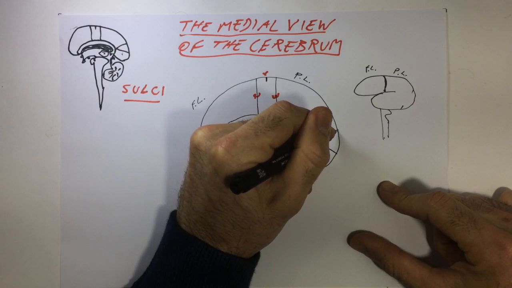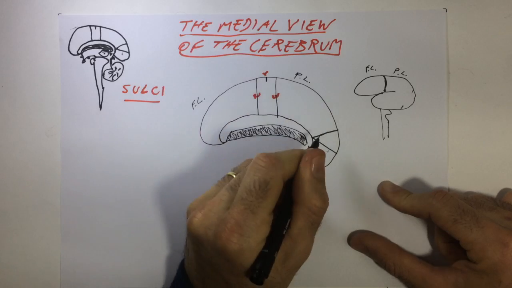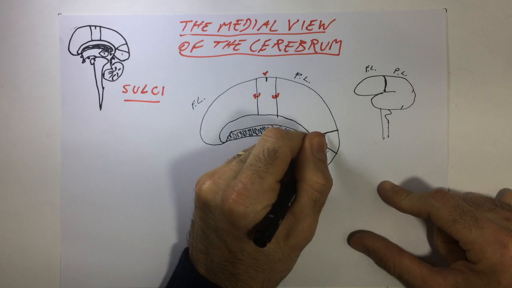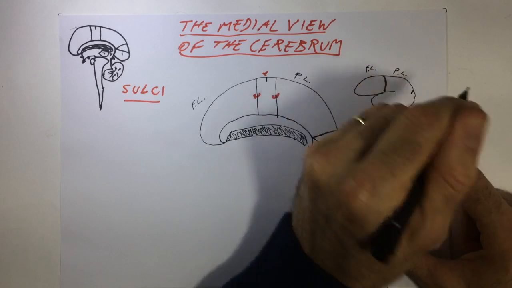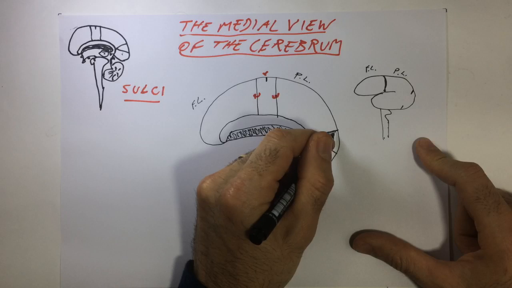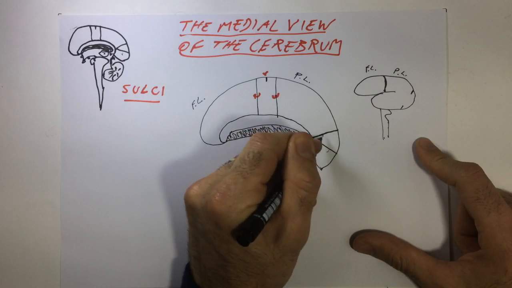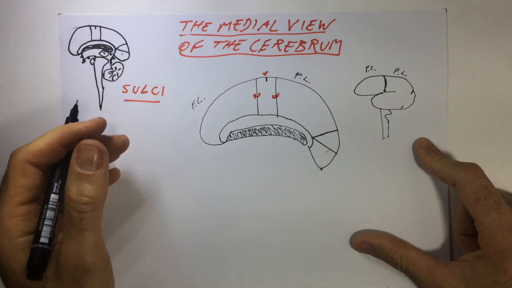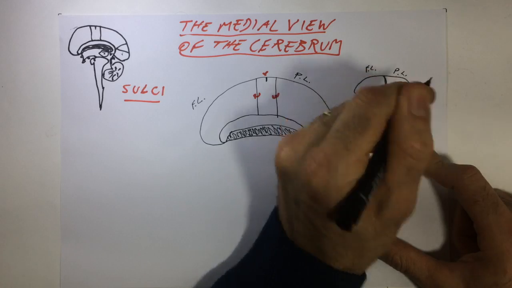And here we have another very important structure, the parietal-occipital sulcus. That is actually this one here as well. The parietal-occipital sulcus starts here, goes around this hemisphere, the same thing happens on the other hemisphere, and finishes here.